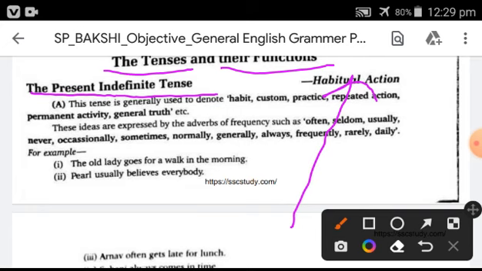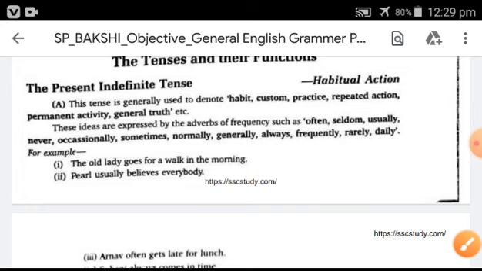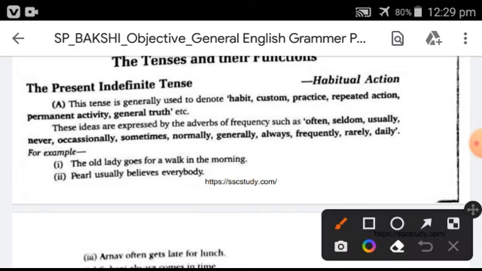Then what is habitual action? Such action which is done by anyone repeatedly, or you can say in a custom manner or practice. All these words are written here: habit, custom, practice, repeated action, permanent activity, or general truth.